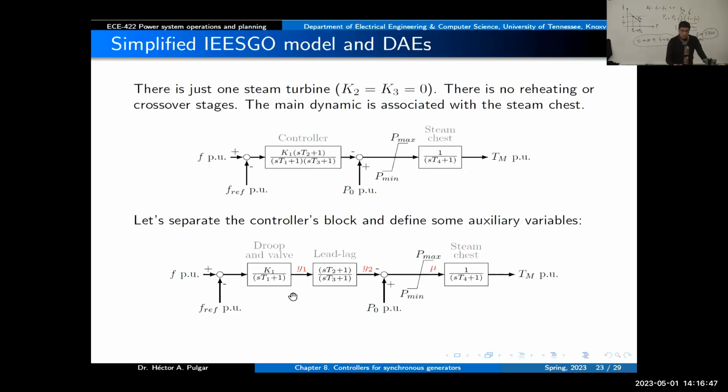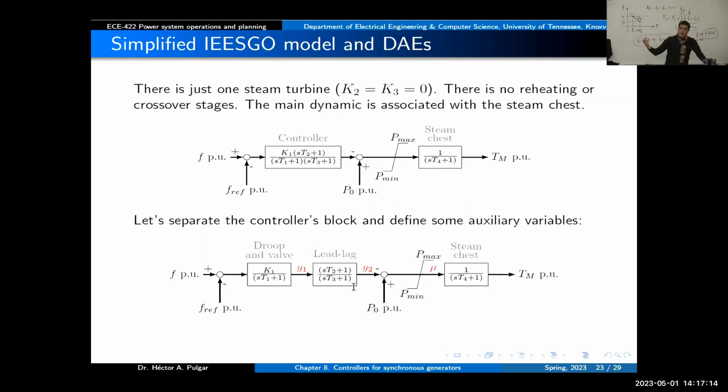And then at the output of that block, which we have here in the controller, we're going to name that variable y1. Then y1 will be the input to the other part of this controller. Here you have a 0 and a pole. So in the 0, we're going to have a lead characteristic. Typically, this is going to be a phase compensation. And the pole that you have there is going to be the lag behavior related with the governor itself.